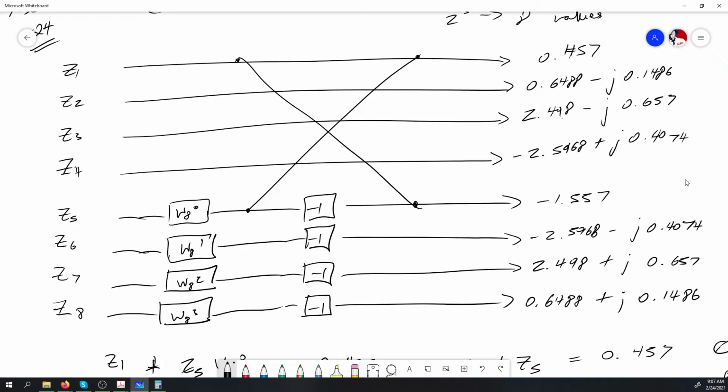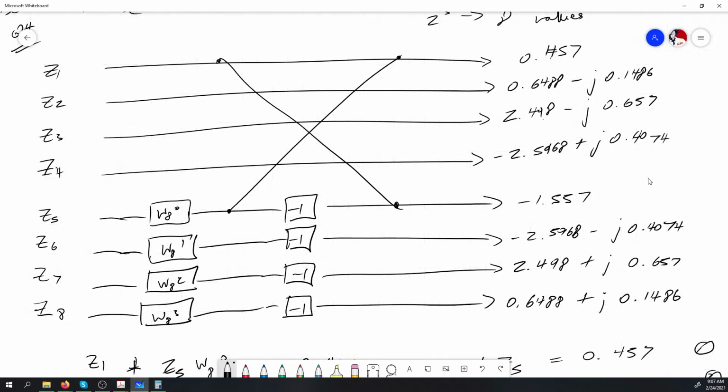So we have Z1 and Z5, and then we just repeat the process as we keep going. For the second value that doesn't have a twiddle factor associated with it, we need to match this with the second value that does have a twiddle factor. So we draw in our cross points here, and then we watch the calculations for these as well.